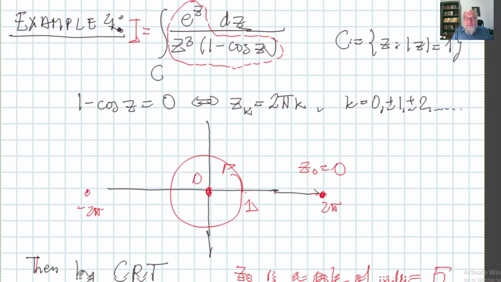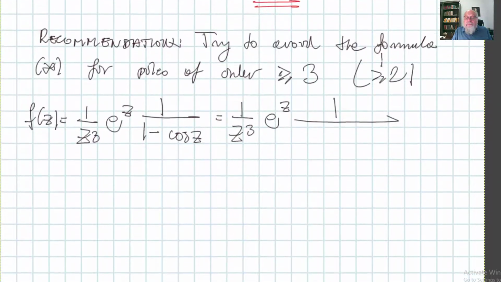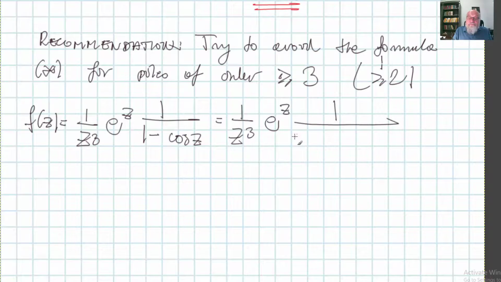Start with the second power: z squared by 2 factorial, and then you have minus z^4 over 4 factorial, plus z^6 over 6 factorial, minus, and so on.